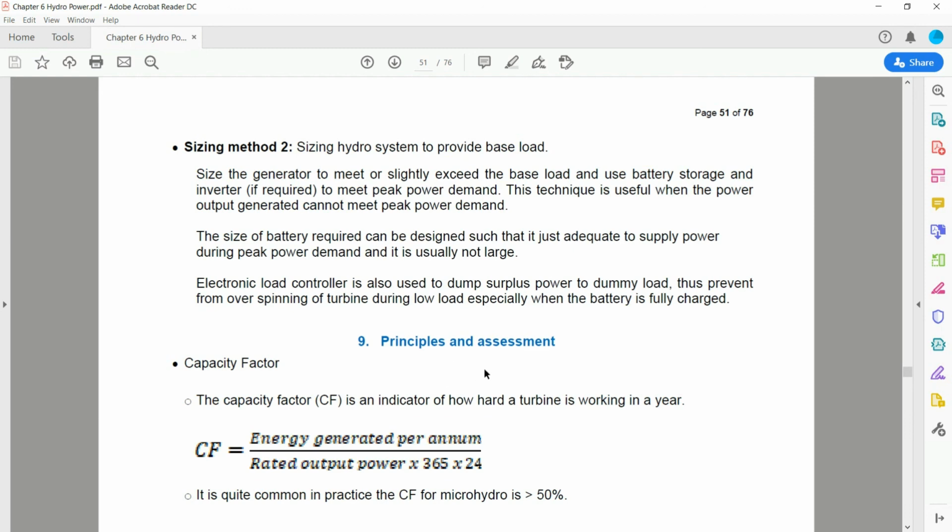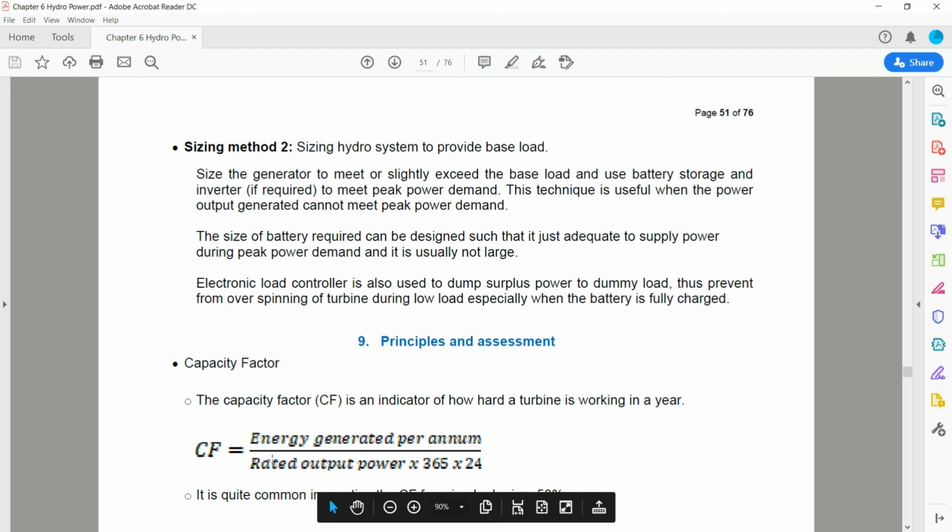Okay, principle and assessment of the microhydro system. So we need to know the capacity factor. Capacity factor is an indicator of how hard a turbine is working in a year. So capacity factor equals energy generated per annum, so this is the energy generated from the system in kilowatt hour, divided by the rated output power.